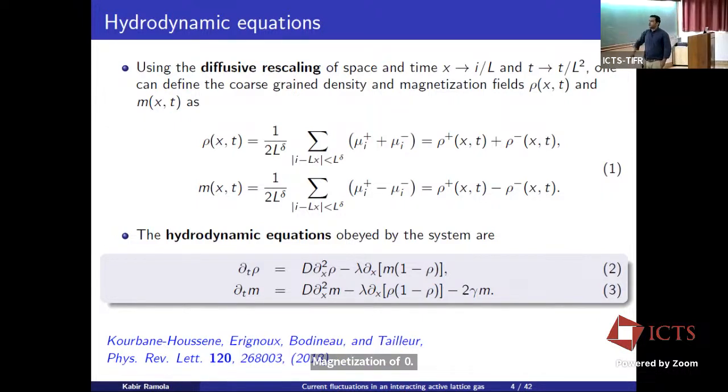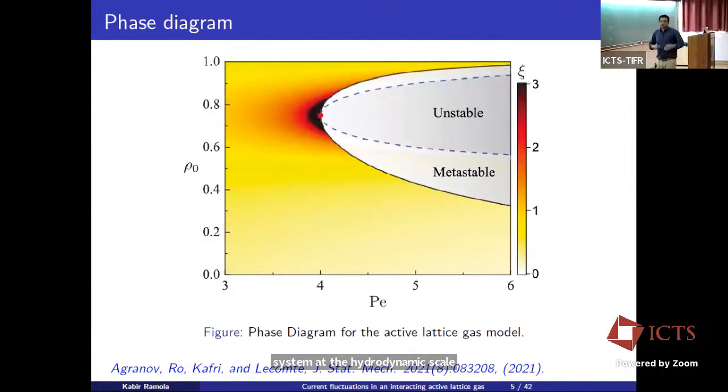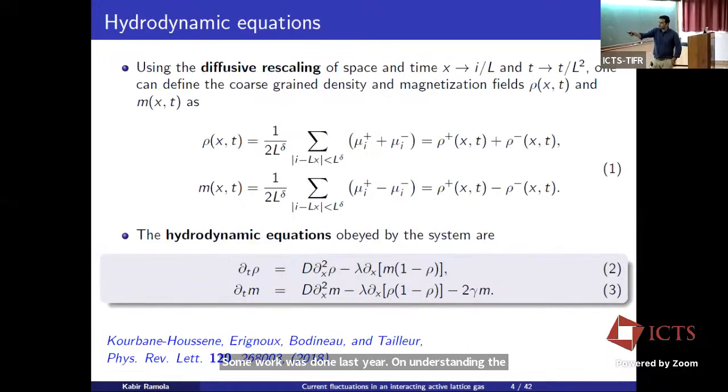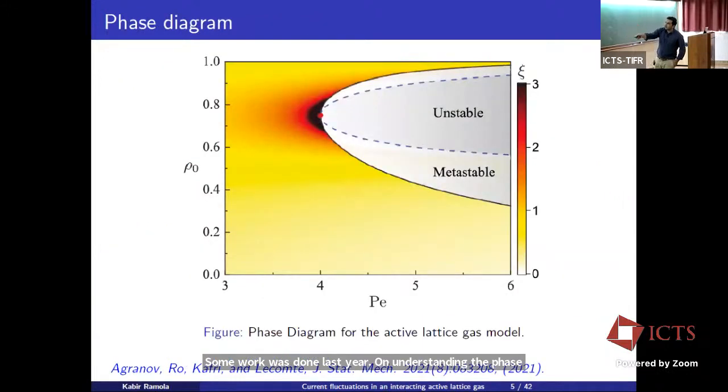So these equations describe the system at the hydrodynamic scale. And so the question is, what can this predict? So recently, some work was done last year on understanding the phase diagram of this model. So if you take these hydrodynamic equations, one slide before, and write down when these equations are unstable, you end up with this phase boundary, which is basically the density and activity on this axis.